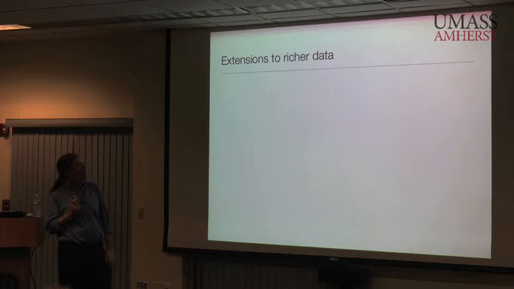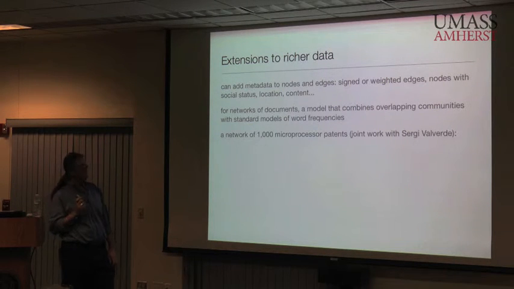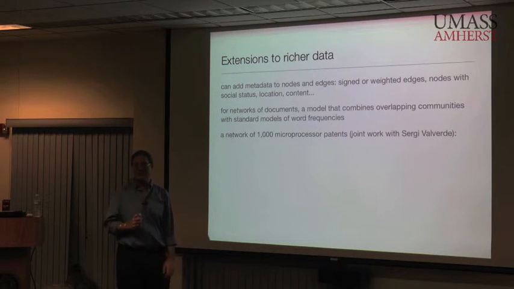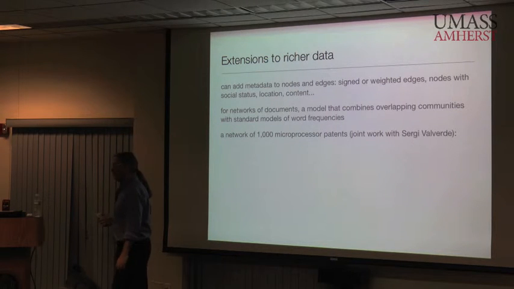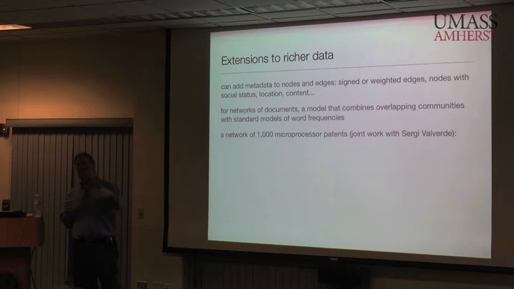All right, so we can add more data. Things are not just graphs. I'll just click through this, I'm sorry. So suppose your network is a network of documents. So some of you know about clustering documents based on their words. So let's have both the words and the links between them. So for instance, patents, like scientific papers, cite other patents.